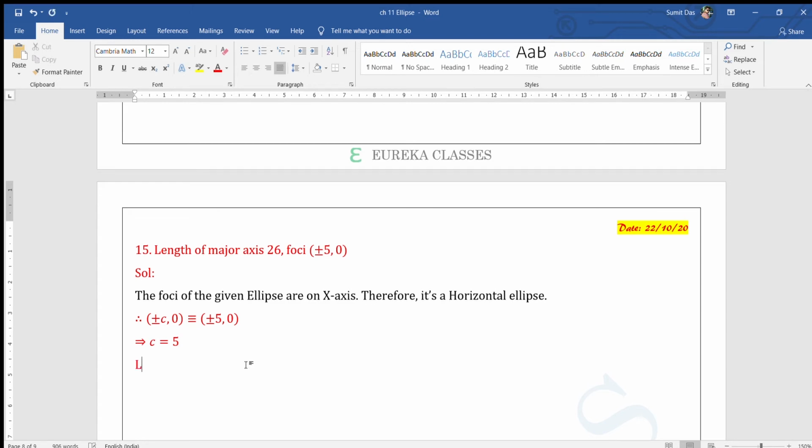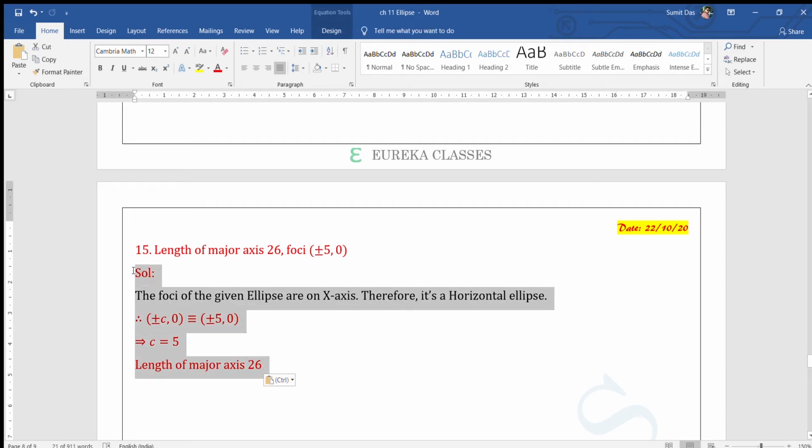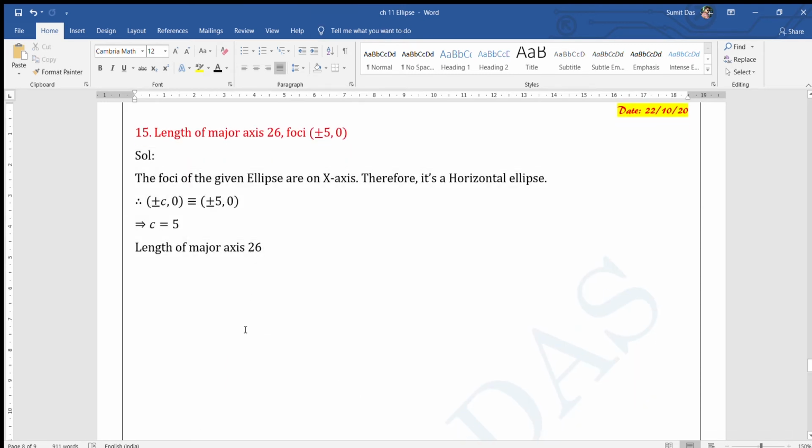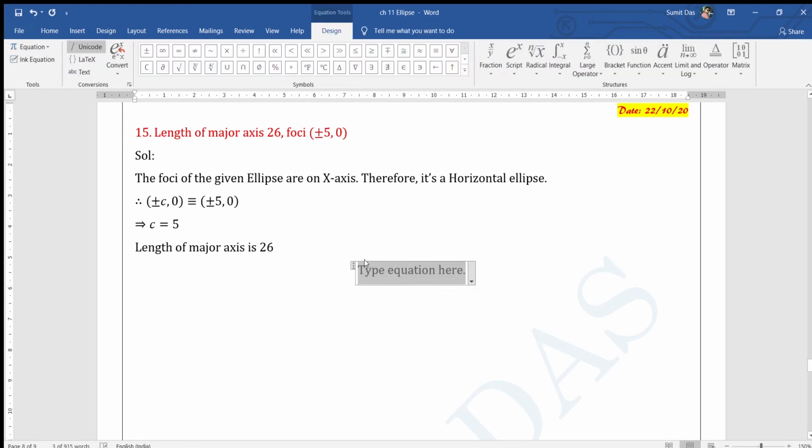Next, the length of the major axis. Can anyone tell me what the length of the major axis of a horizontal ellipse is?